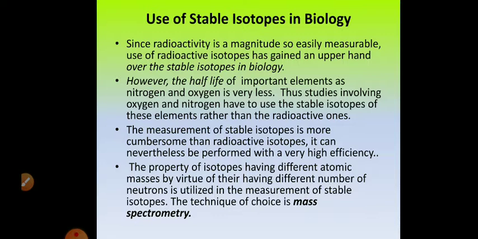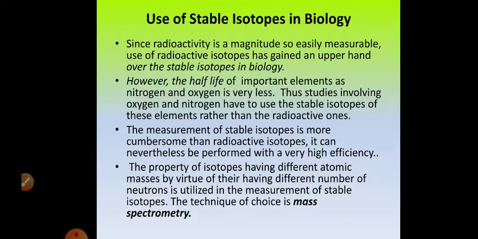However, there are certain isotopes whose half-life is very, very short. They are rather unstable. The studies involving such unstable radioisotopes, like those of nitrogen and oxygen, need to use isotopes of oxygen and nitrogen, but they have a very short half-life.